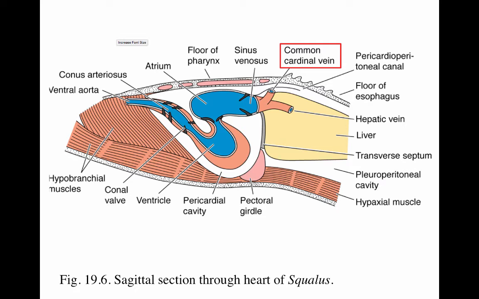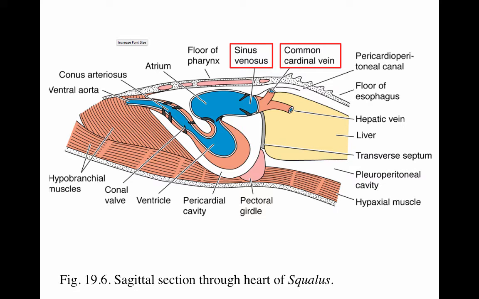And that's going to empty out into the first chamber of the fish heart called the sinus venosus. The sinus venosus functions as a collecting chamber to collect up all the blood returning from the systemic circuit and bring it into the heart.